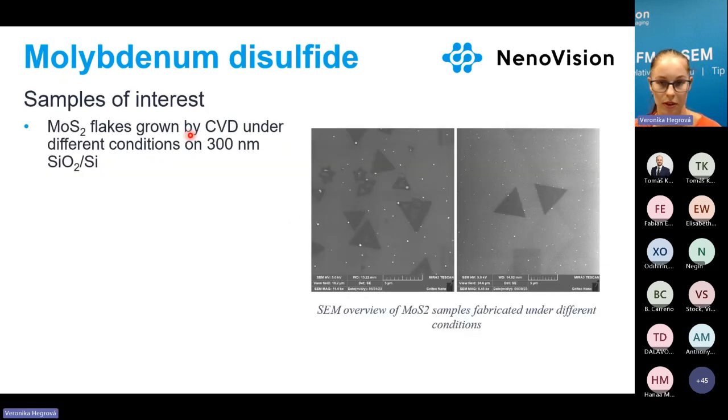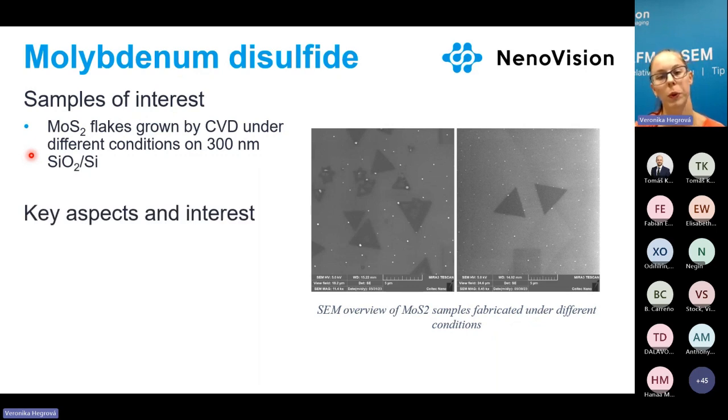So the samples look like this. We measured 2 different types of samples. They are different in a way that they were prepared using CVD, but under different conditions, on 300 nanometers silicon dioxide.